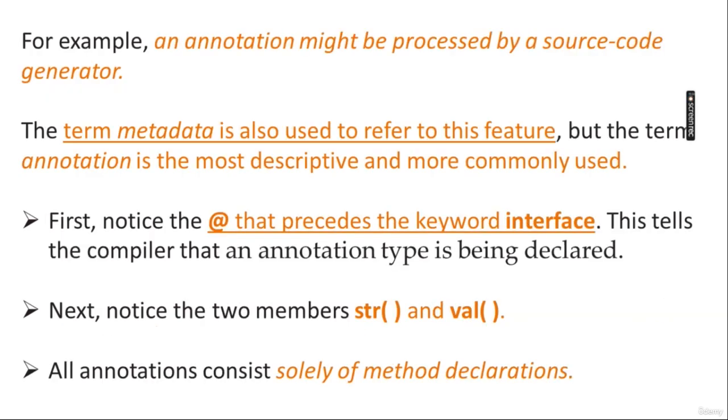Annotation might be processed by a source code generator. Whenever you are generating source code, like when we were using multi-threading, and the class was implementing the Runnable interface, for example, while placing our cursor on the class name, there was one option available, add unimplemented methods.